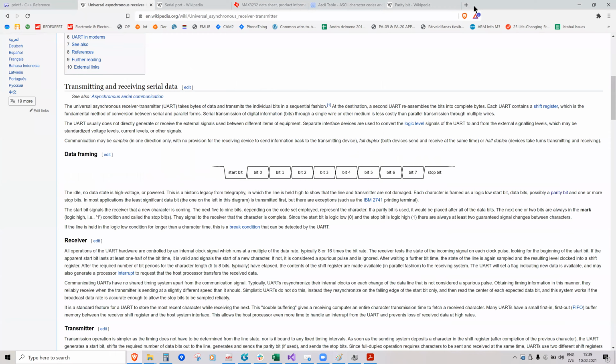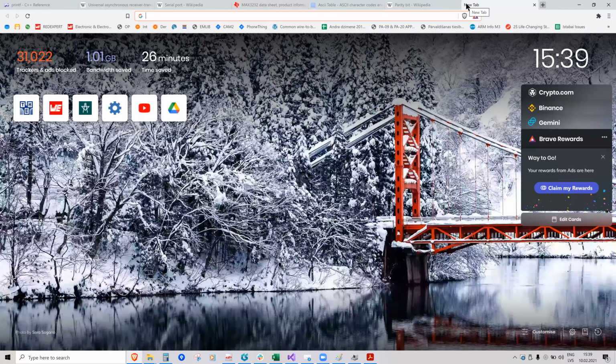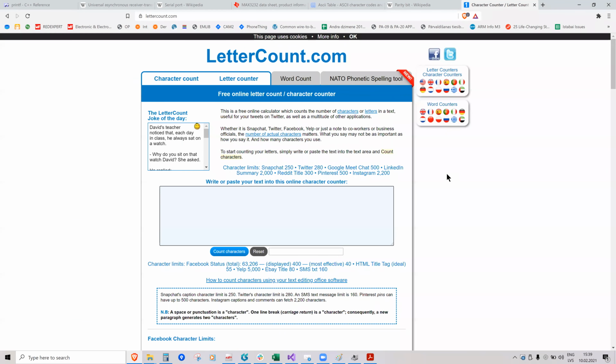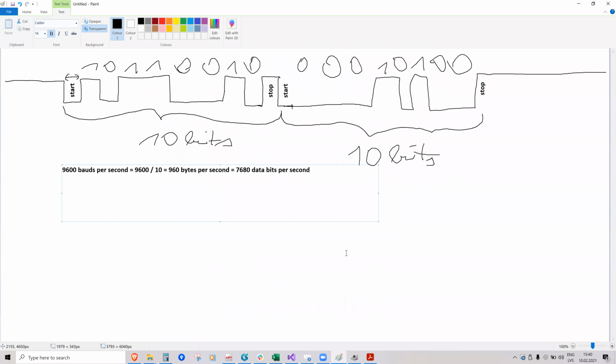Now I'll just write some text in this character counter. I write, for example, the text "hello, my name is Andris." Let's count the characters: it is 24. And the question is, how long will it take to send this text at this speed?